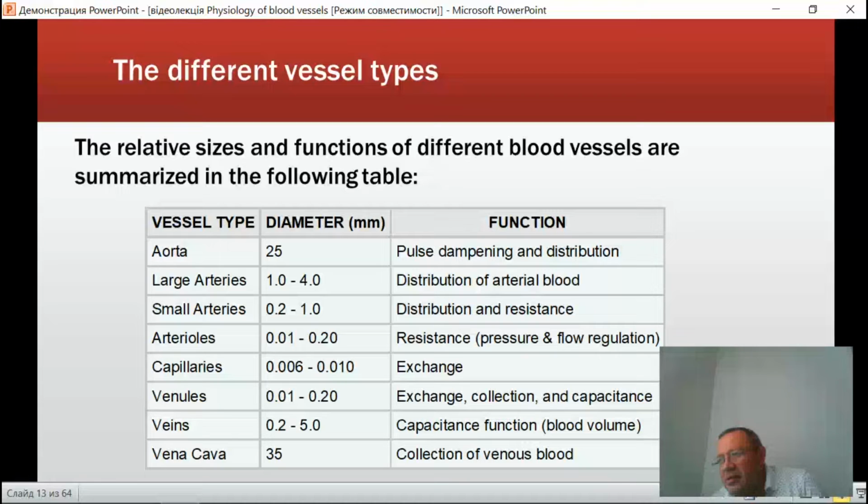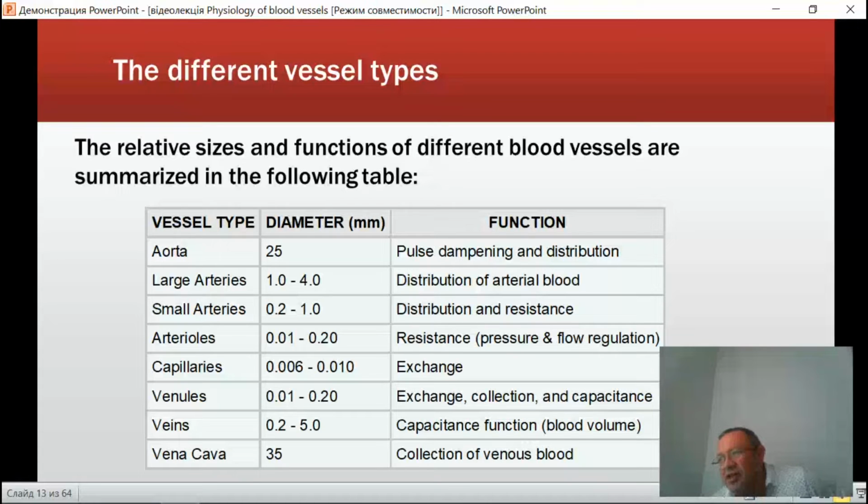Capillaries, next type, 0.006 to 0.01 millimeters in diameter. Main function is exchange of different substances and gases. Next type, venules, diameter of vessels from 0.01 to 0.2 millimeters.